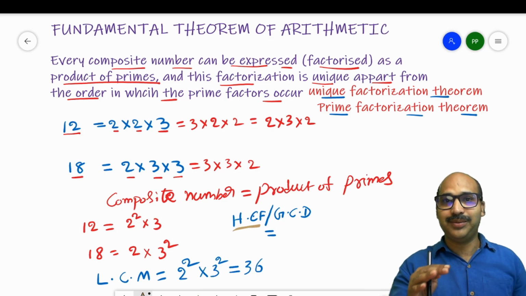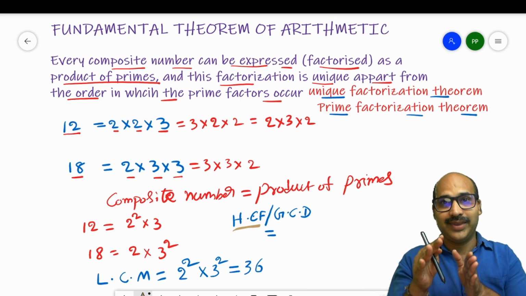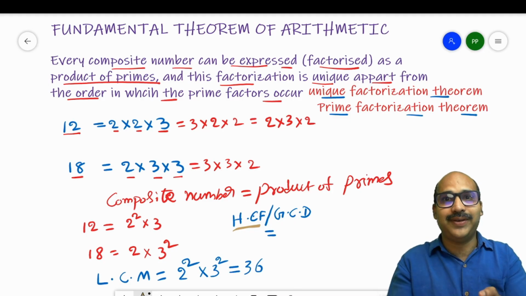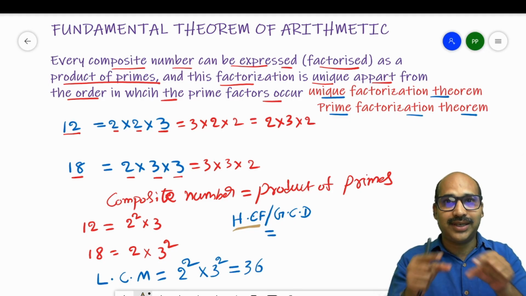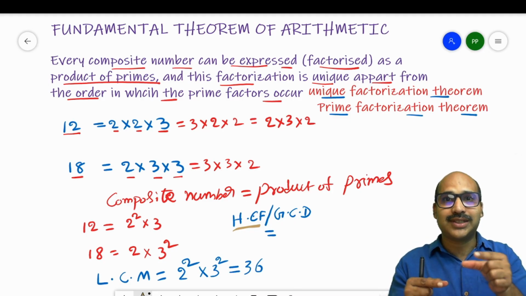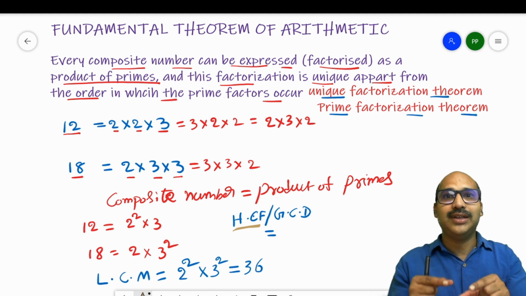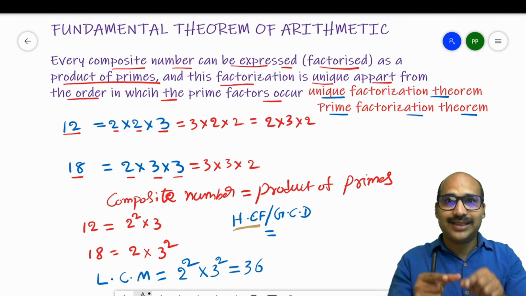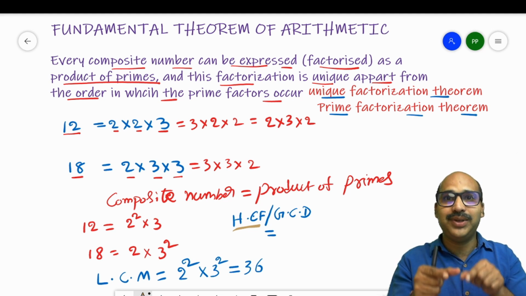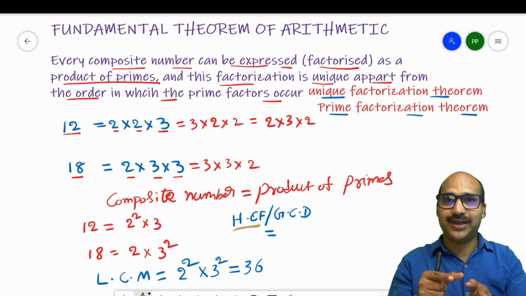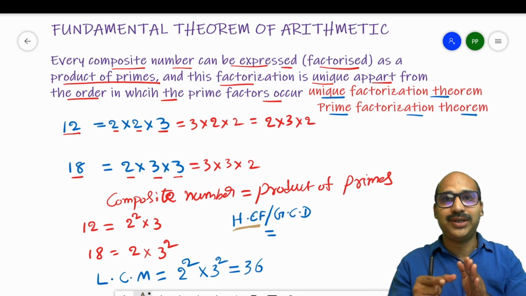HCF is nothing but a factor, the highest factor. That means with that number, the given numbers can be divided with remainder 0. That is the highest number by which we get the remainder as 0. Highest common factor or greatest common divisor.